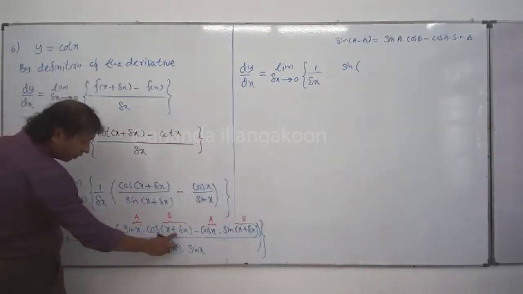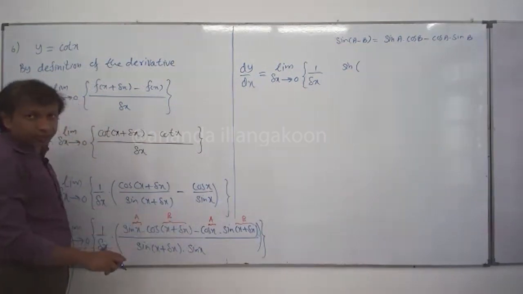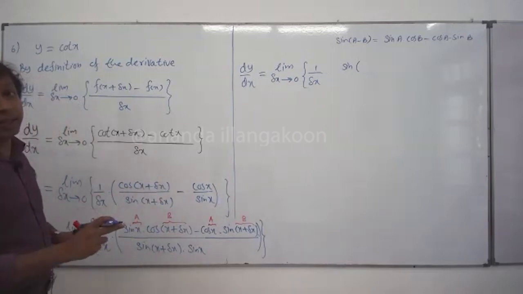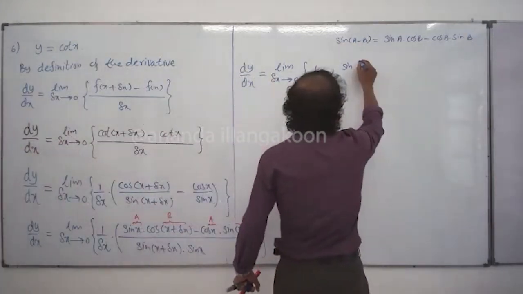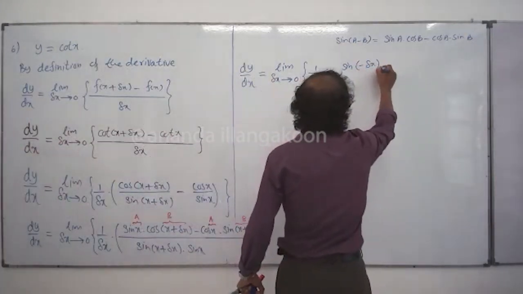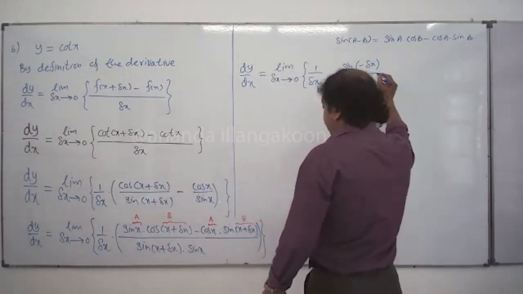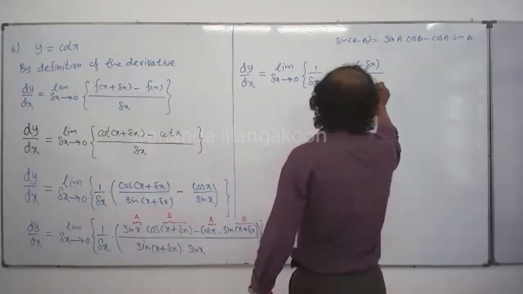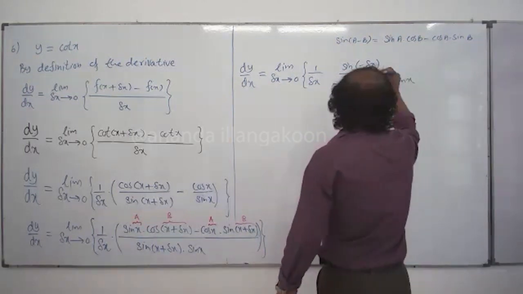When you subtract this from this, x minus within bracket x plus delta x. Then when you remove the bracket, x and x will cancel off, but that delta x in bracket will be minus delta x, right? Sine(minus delta x) coming here. And divided by sine(x plus delta x) into sine x.